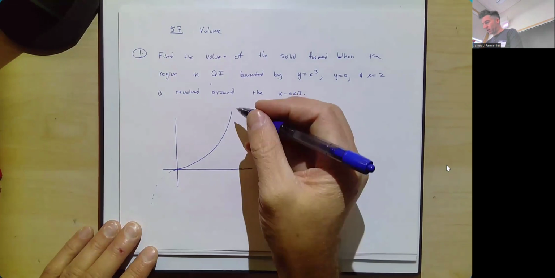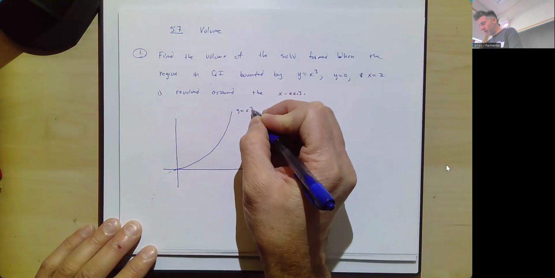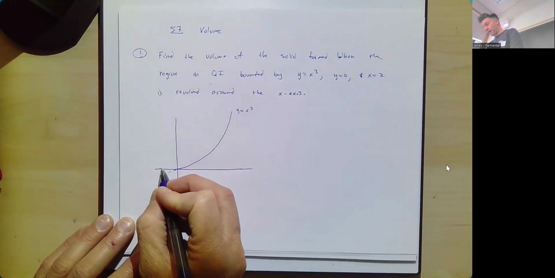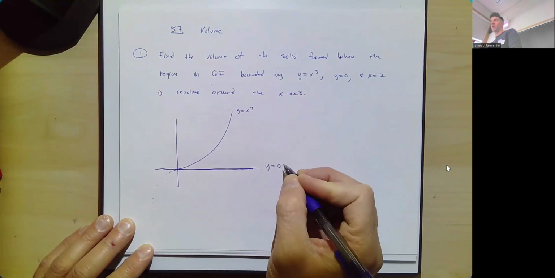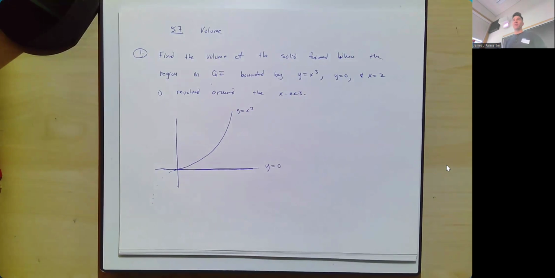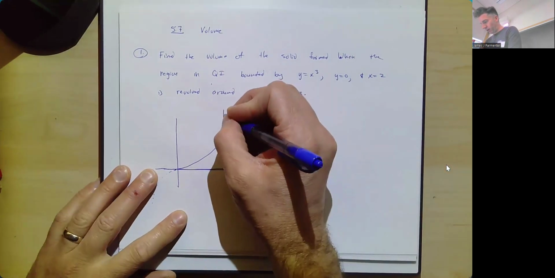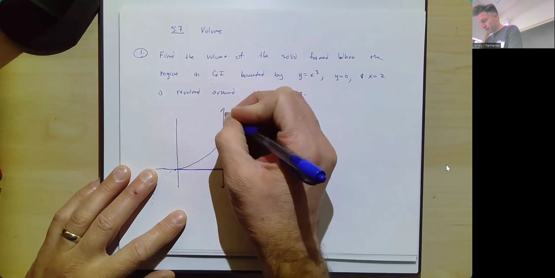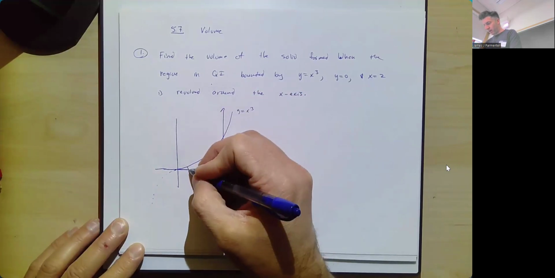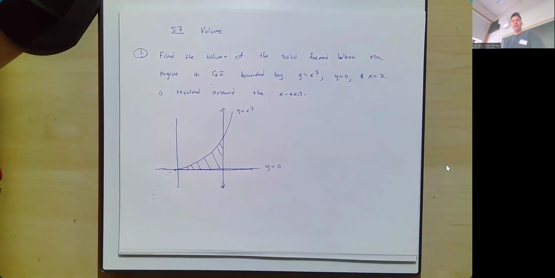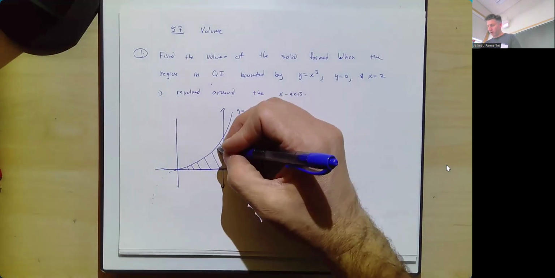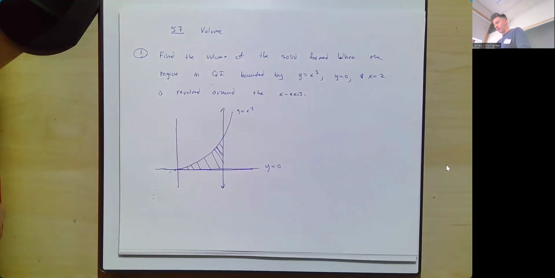So there's y equals x cubed. And then I have y equals 0, which is the x-axis. Don't get that confused, right? Y equals 0 is the x-axis, x equals 0 is the y-axis. And then x equals 2 is some vertical line over here. So this region that has all 3 of those curves as boundaries is the region that we're trying to revolve around the x-axis.